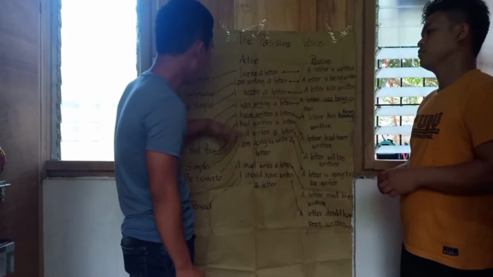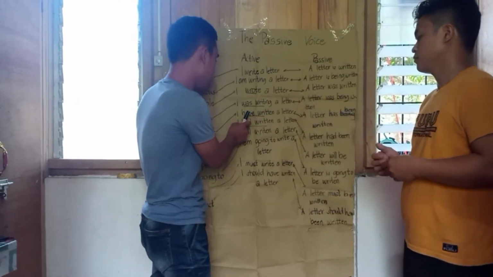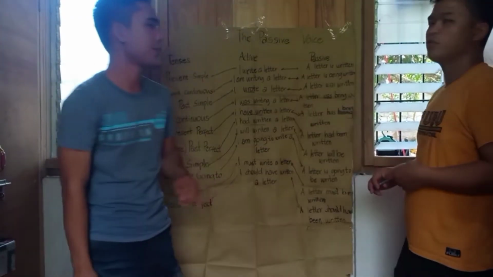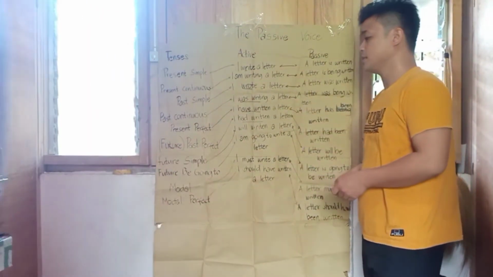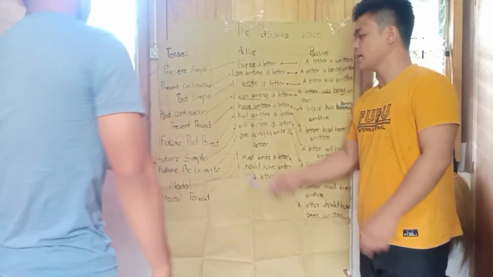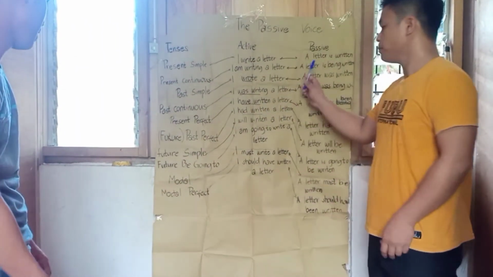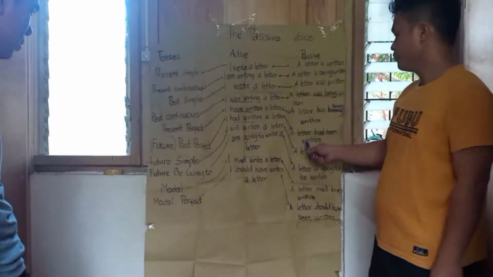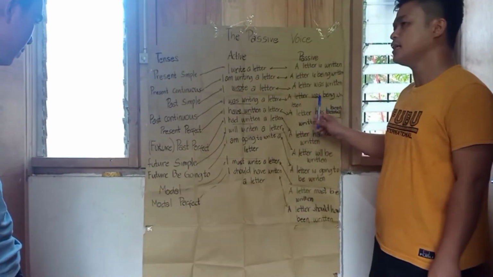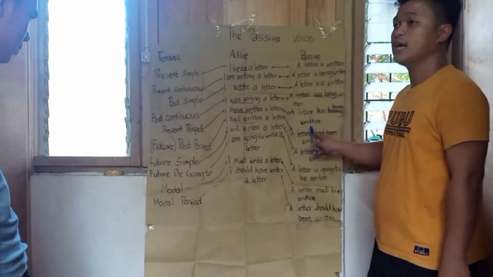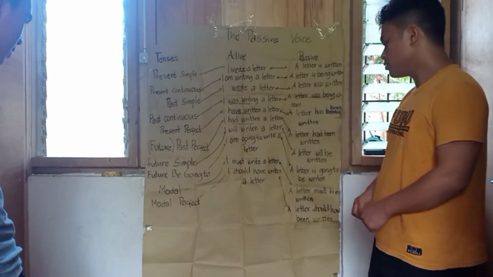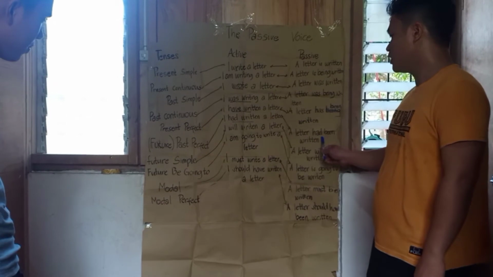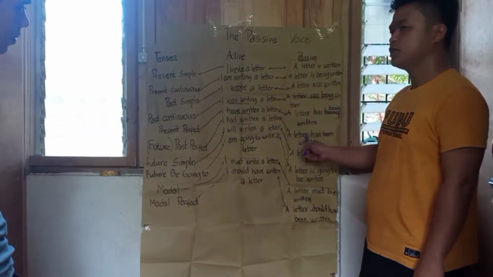So the example is I had written a letter. Thank you. So in the passive voice of the past perfect, a letter had been written. As usual, the sentence has been done. Our object there is the letter plus the action, had been written.